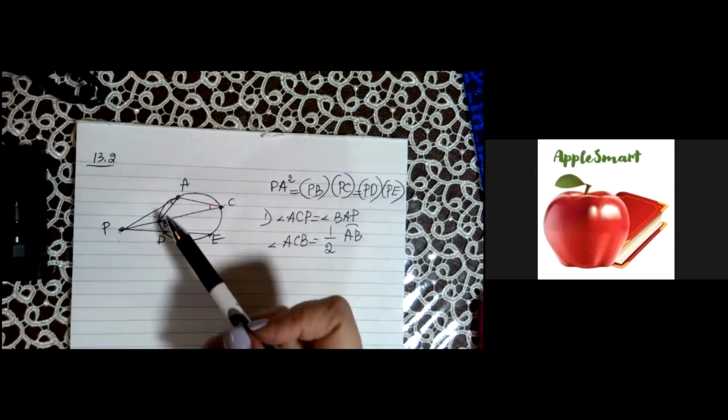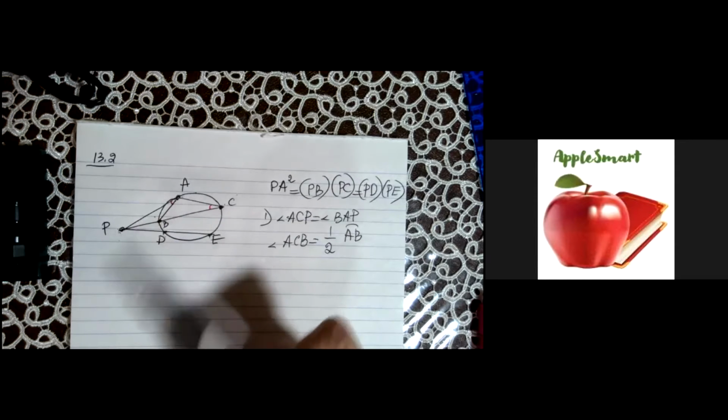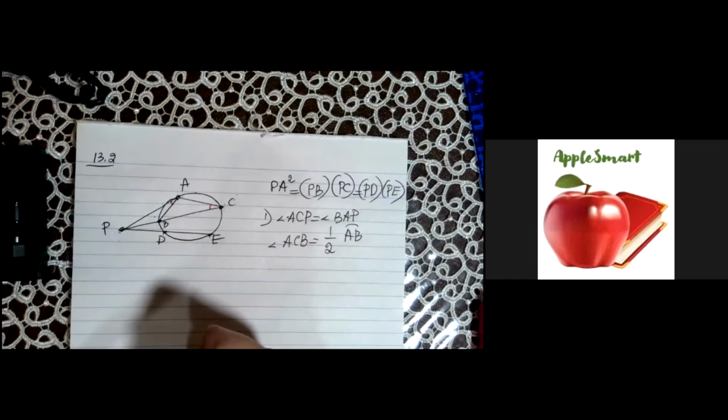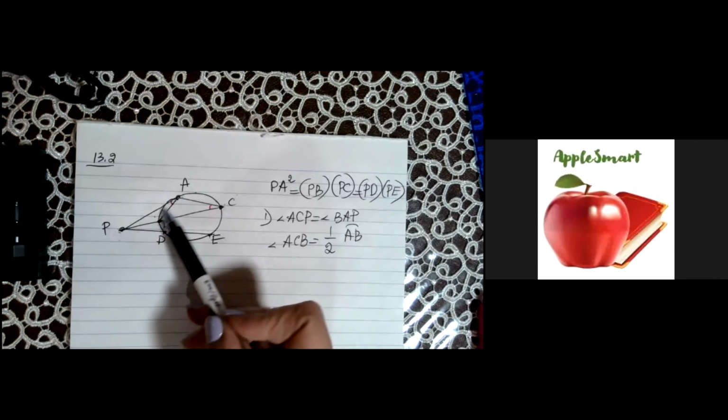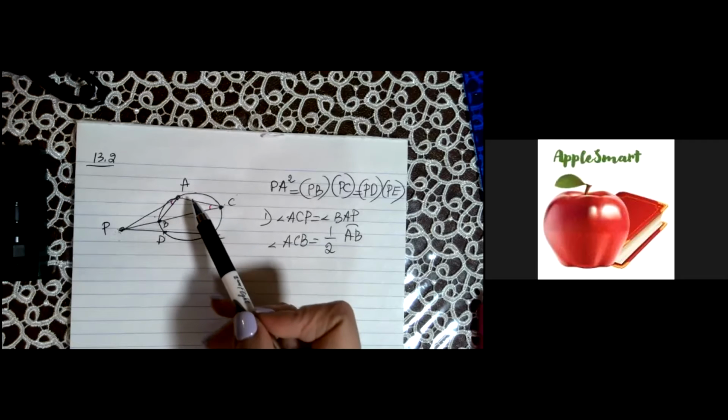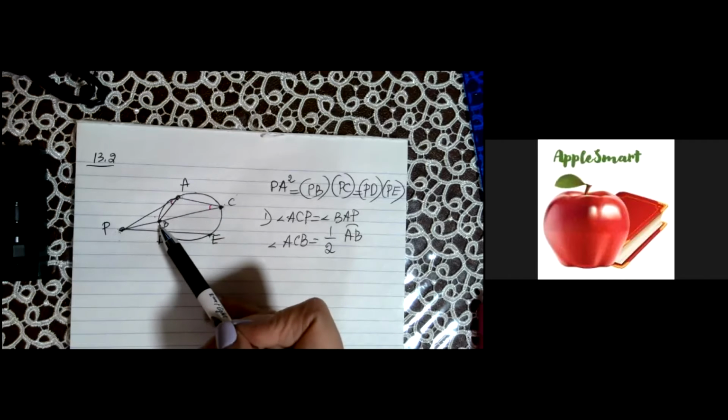What about angle PAB? That's the angle between which two lines? Remember, PA is a tangent, AB is a chord.